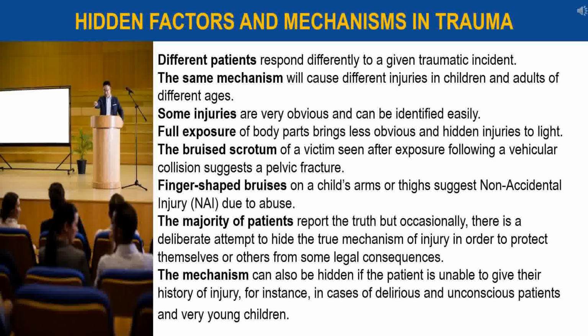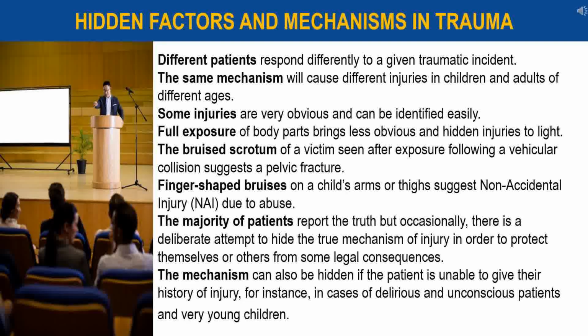The bruised scrotum of a victim seen after exposure following a vehicular collision suggests a pelvic fracture. Contusion over the greater trochanter of the proximal femur in an elderly patient experiencing difficulty rising up after a fall may indicate a femur neck fracture and should be investigated accordingly, keeping this possibility in mind. Finger-shaped bruises on a child's arms or thighs suggest a non-accidental injury due to abuse.